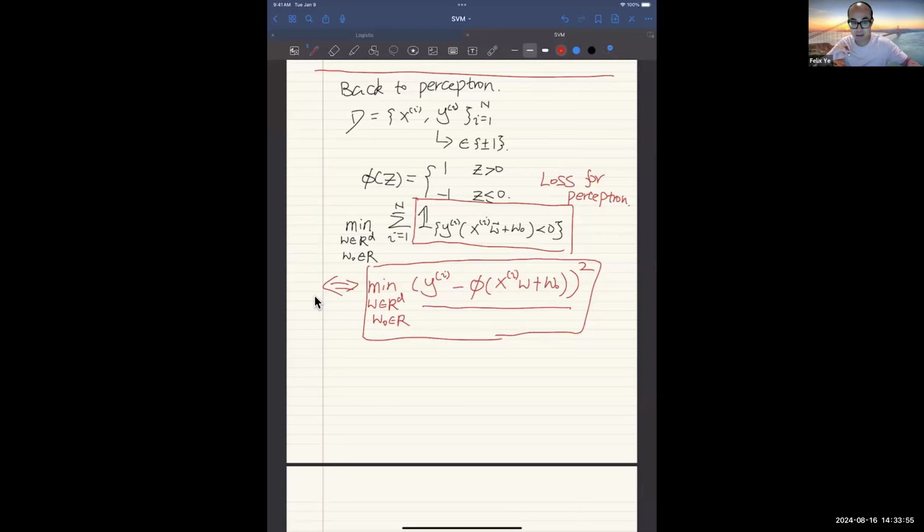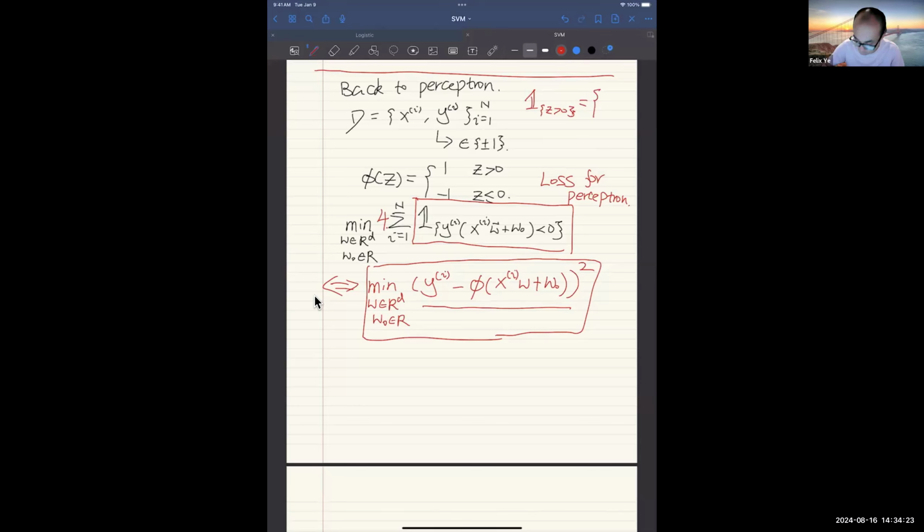So the only difference is that this loss times 4 will be exactly equal to the mean square error loss function. And of course I need to define the indication function like this.